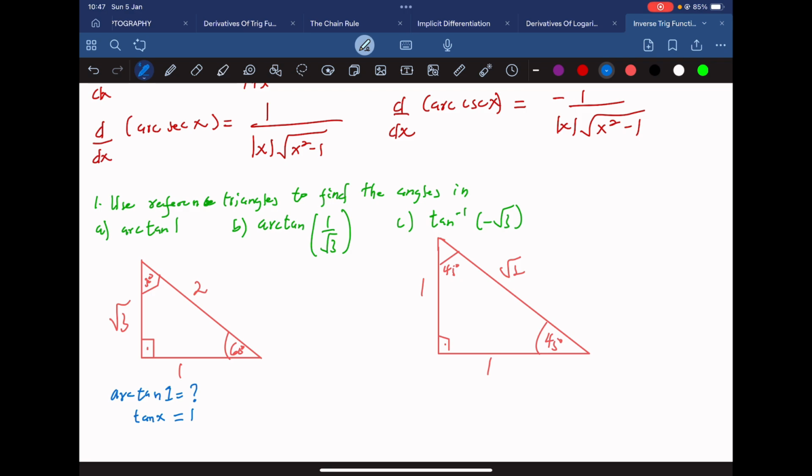Now looking at the first triangle that we have over here, writing them in fraction form, you see that you have 1 over 2, 1 over root 3 over 2. Basically, what I'm trying to say is there is no value over here that will give you 1, right?